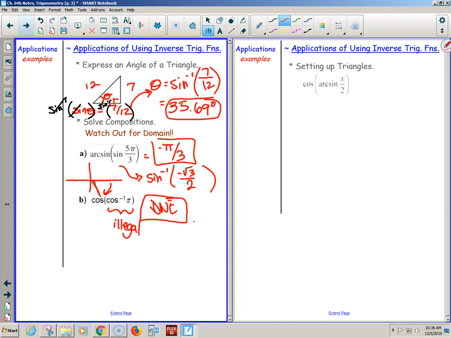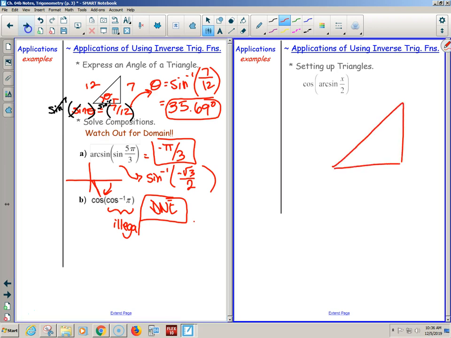But anyway, so what's the last thing? Why is she drawing a triangle? That's weird. All they even gave you was that and this. Wait, what? Oh. How did she do that? She made the x the opposite.